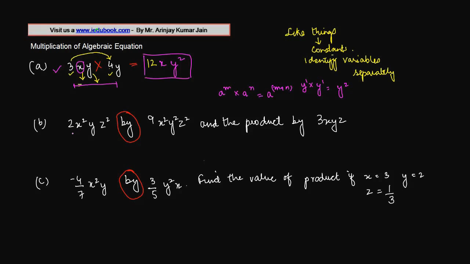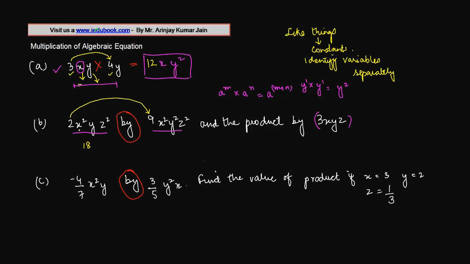Now what you can also do is similarly you can multiply more than 2. So you have 2x square y z square by this and the product by this. So there are three numbers basically that you have in this case, but that's not a problem. We just apply the same procedure. So we multiply the constant with the constant in the second number. 2 into 9 gives you 18, right?